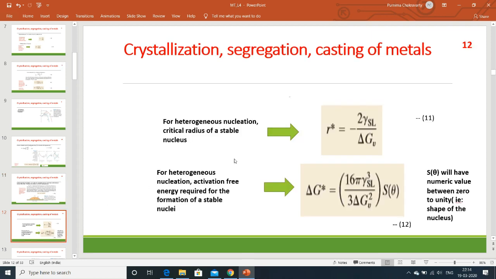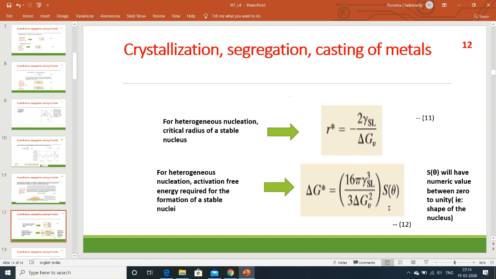Here you can see the value of the critical radius for a stable heterogeneous nucleation, which is given as R star equal to minus 2 gamma SL divided by del GV, and the activation free energy required for formation of a stable nuclei.